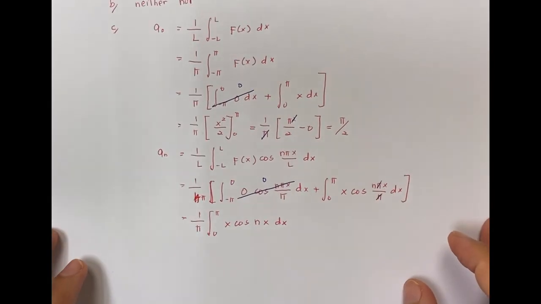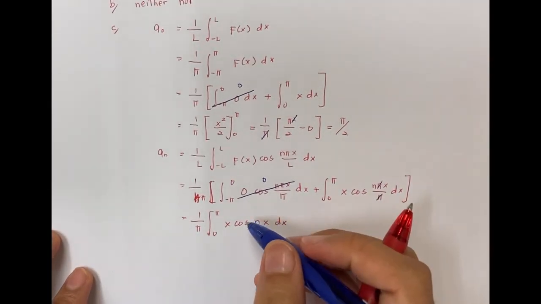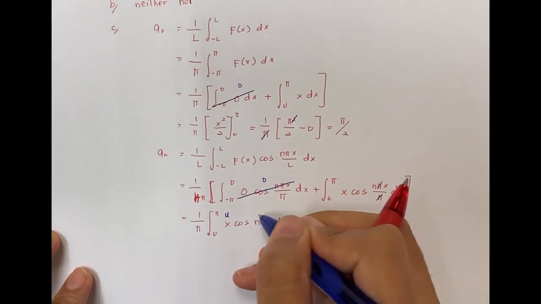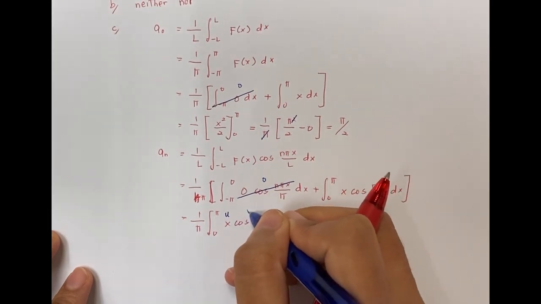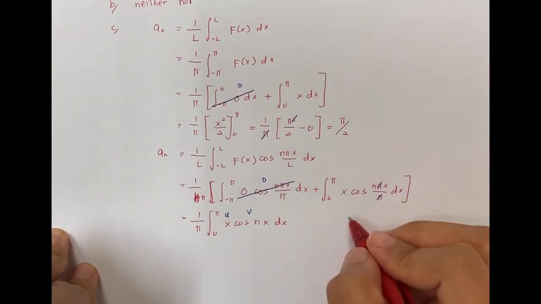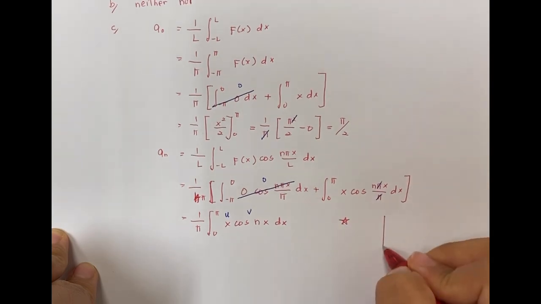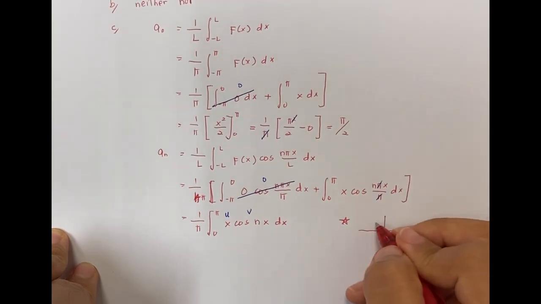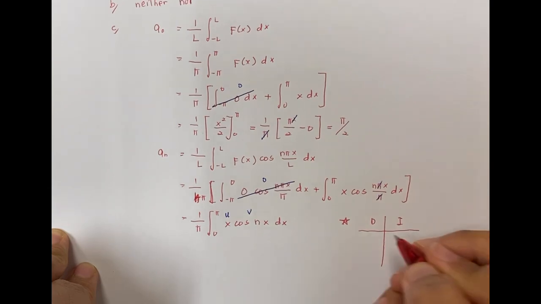Now you have to integrate. x is your u, cos nx is your v. Since it involves multiplication of x and cos nx, you need to use the tabular method. Differentiation part, integration part.